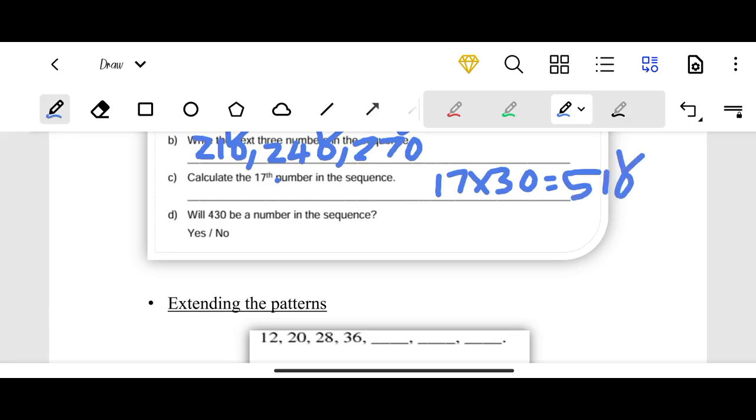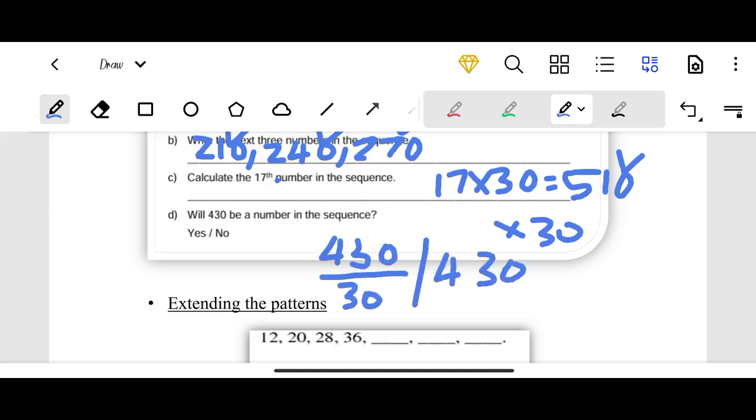So the answer here is 510, and you are done. D says, will 430 be a number in the sequence? Yes or no? You simply write the one that is correct. So for you to determine if this is a number in the sequence, since the rule is multiply by 30, we can simply say 430 divided by 30. If the answer has a decimal point, it means that the answer is going to be a no, because there are remainders.